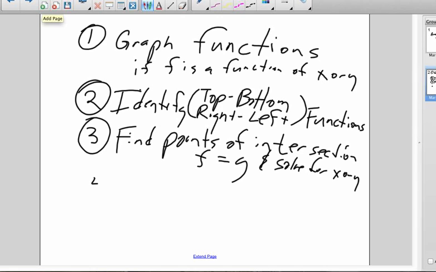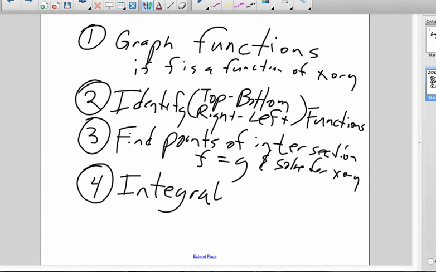Okay, step number 4, once we've got all of this, we've got our intersection, we come back up. Now, we do some calculus. So you integrate them puppies. And step number 5.